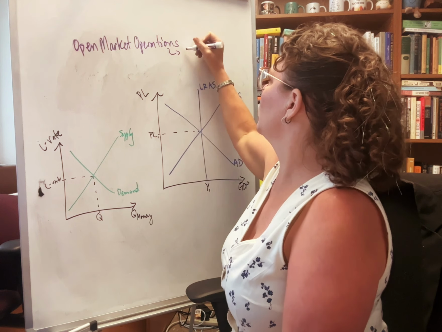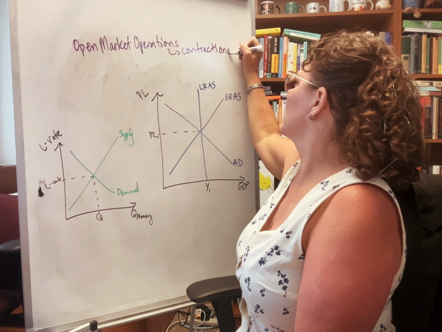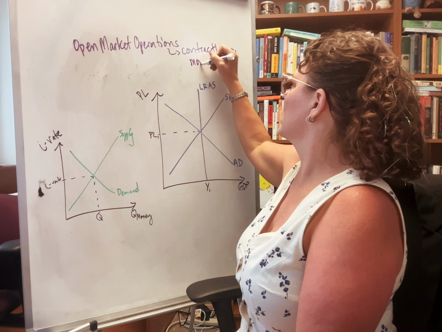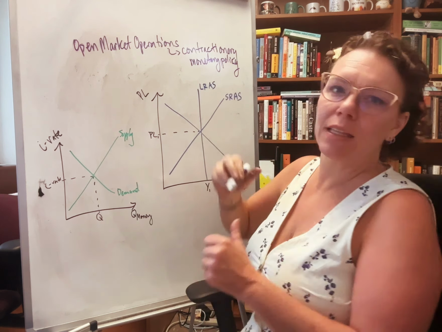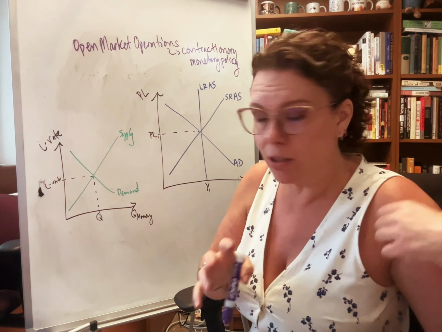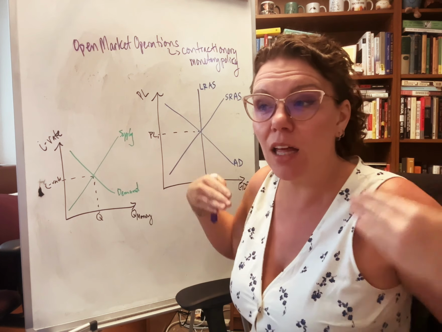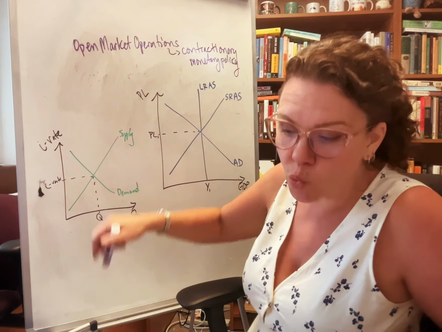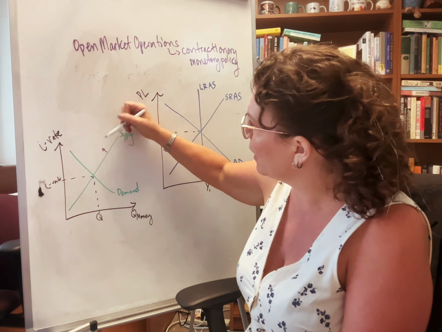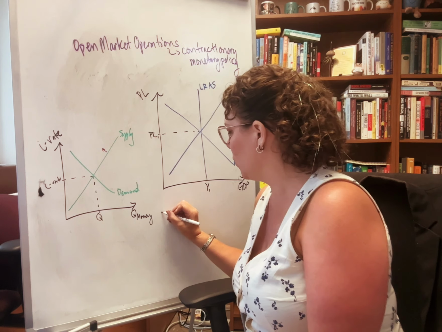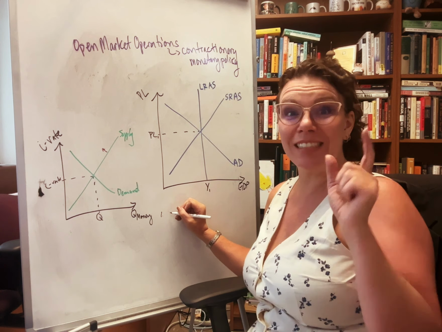And what we want to do is contract the economy. So if we want to make the economy smaller, shrink aggregate demand, lower the price level, we can think it back logically. To do that, we have to shrink the money supply. And if we want to shrink the money supply, we are going to sell bonds.